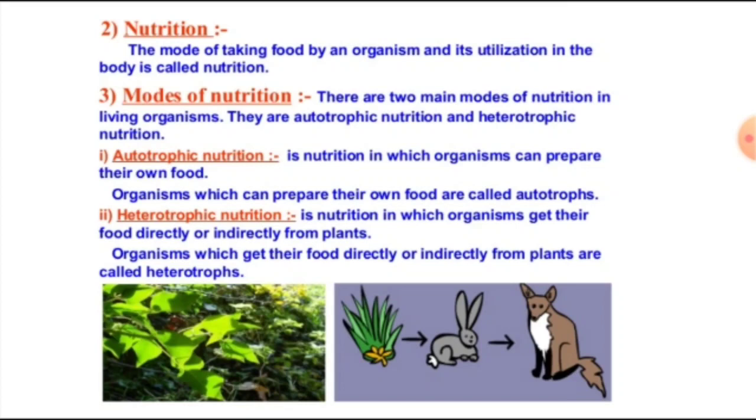The second mode, heterotrophic nutrition, is nutrition in which organisms get their food directly or indirectly from plants. Organisms which get their food directly or indirectly from plants are called heterotrophs.